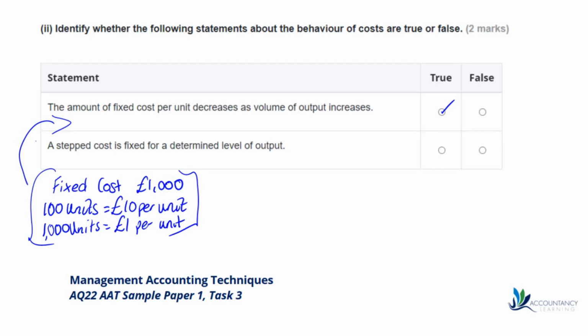The second one, a stepped cost is fixed for a determined level of output. So this is true as well. So we need to think about what this means.